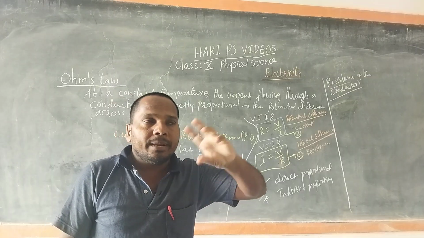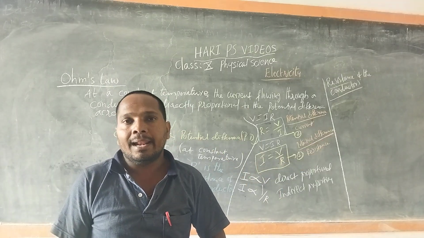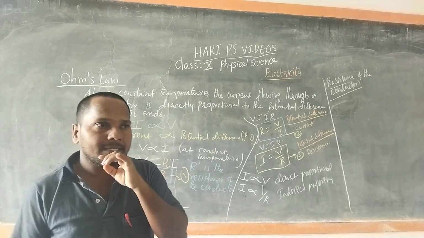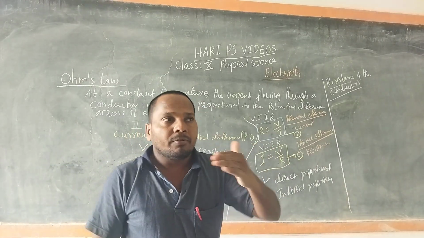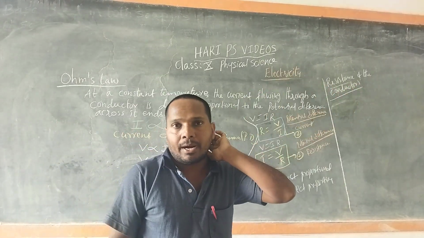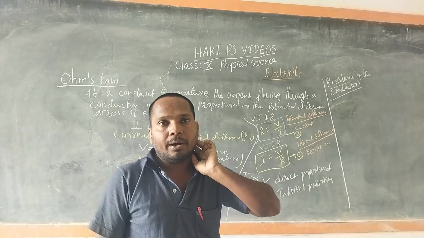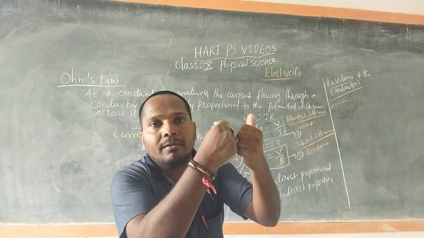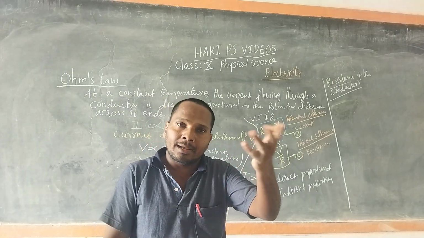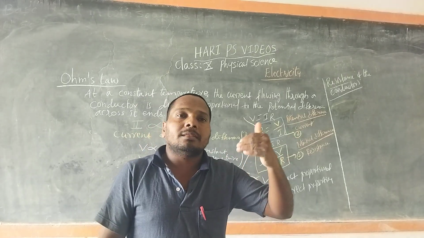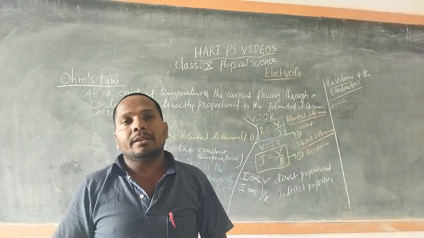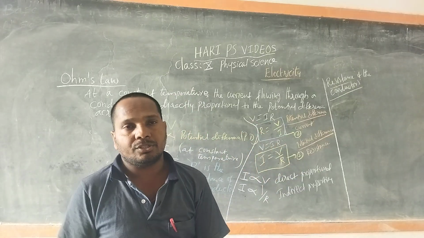While electrons move in a conductor from one part to another part, they collide with other electrons, or the atoms, or the ions in the conductor.